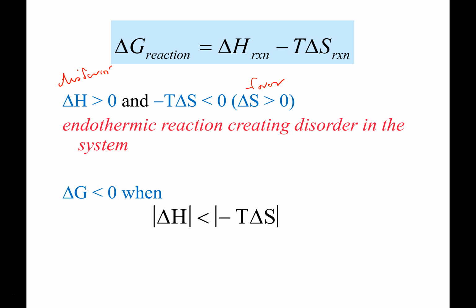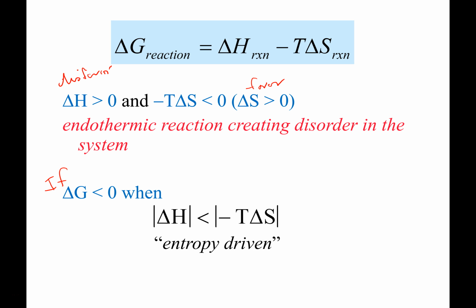So it's positive, but it's possible to make it spontaneous. If it's spontaneous, our delta G is less than 0, and that can only be the case if this second term down here, the one that favored it, is taking over, and this one that disfavored spontaneity is minimized. So in that case, we say that it's entropy driven.